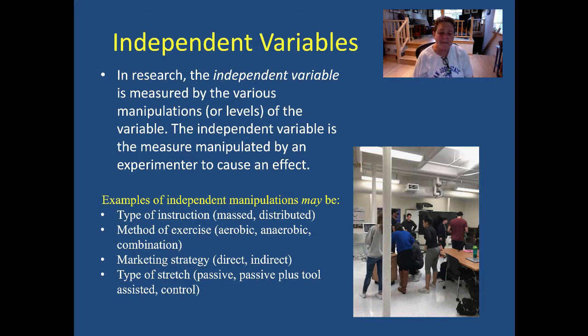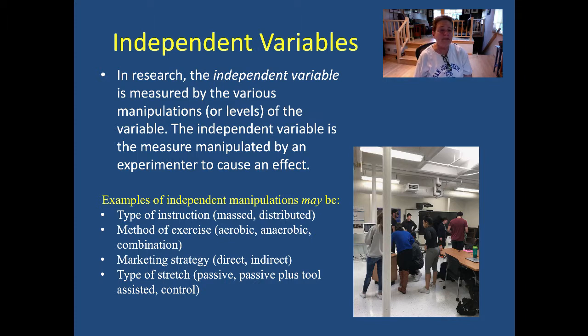So I'm manipulating the conditions of massed and distributed practice, and I would assign subjects to either one of those groups. One of the problems with this study that I want you to think about is during the regular semester, you're balancing a lot of coursework. In the summer, you're usually just taking one class and you're focusing on that one class.